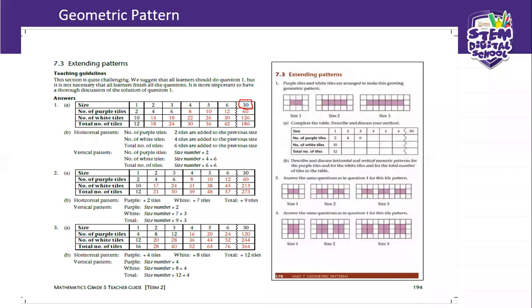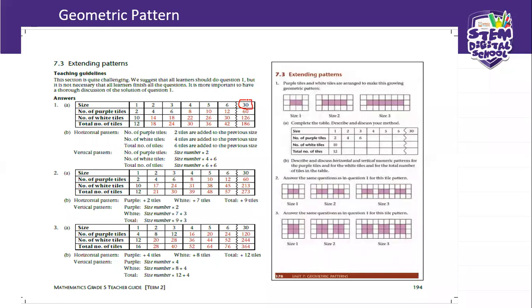You can't keep writing size 7 and adding, it's going to become tiring. So you need a shorter way of multiplying or adding that gets you straight to the answer.